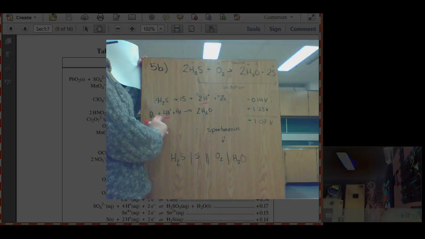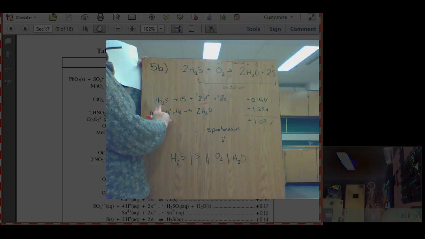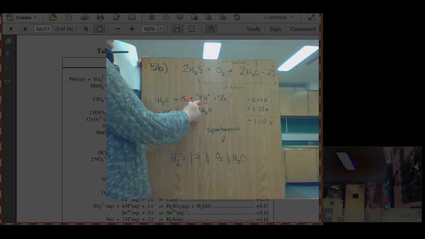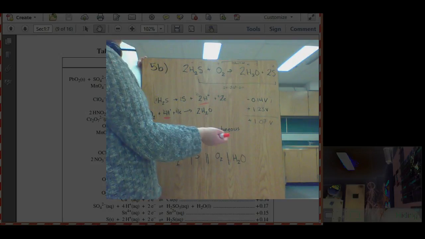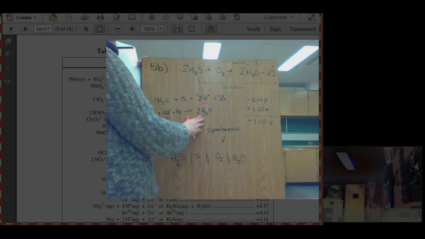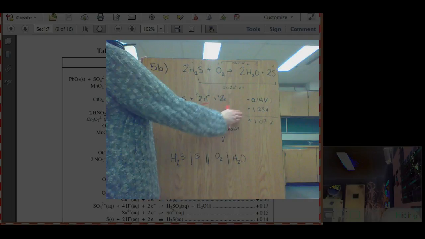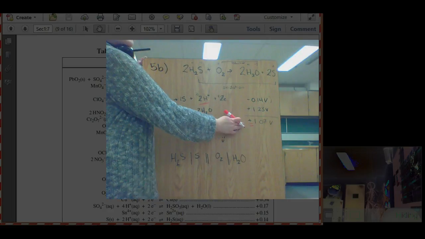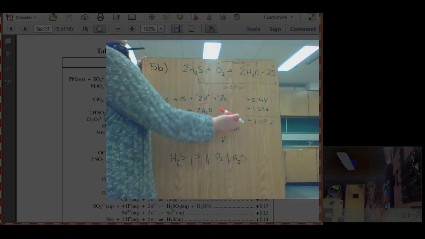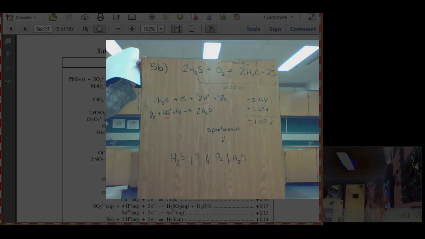So when you do this, you can see the H2S to S plus hydrogen ions and electrons will give you a negative voltage. Your oxygen plus hydrogen give you water. There's a positive voltage. An overall positive voltage tells you by definition that this is a spontaneous chemical reaction.